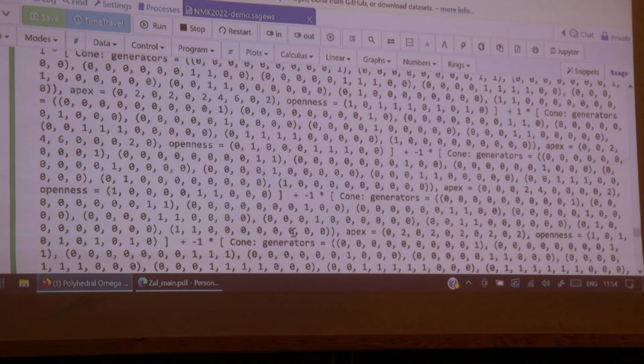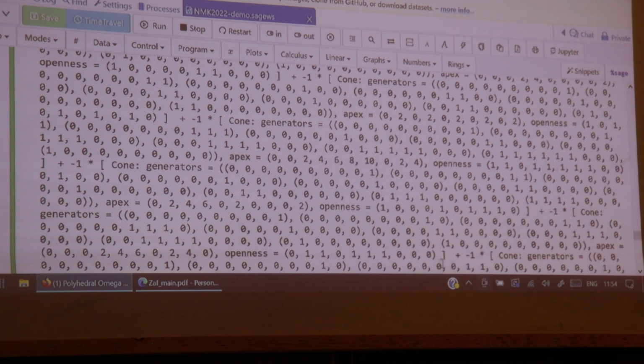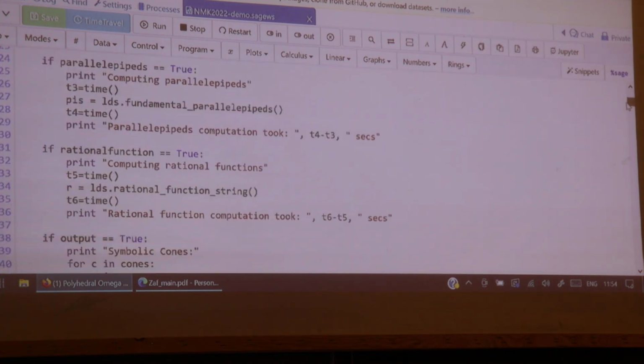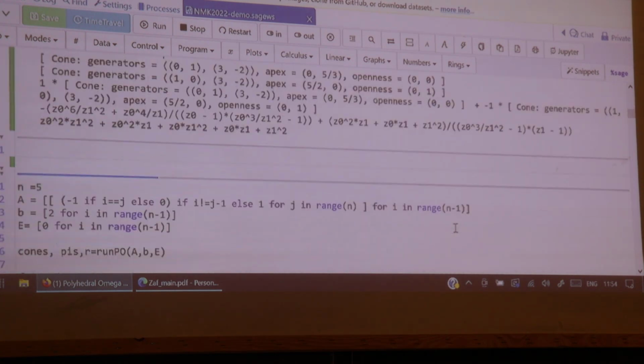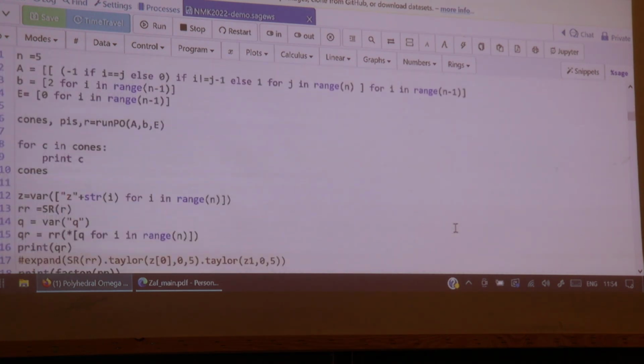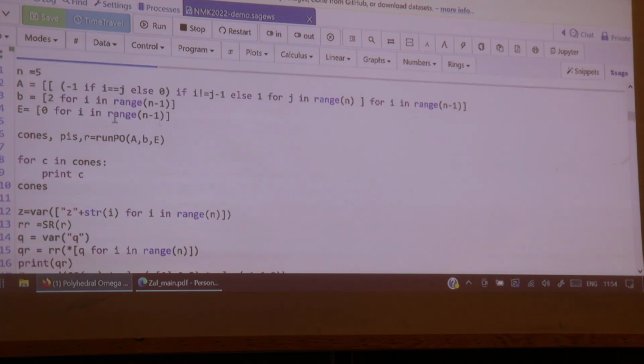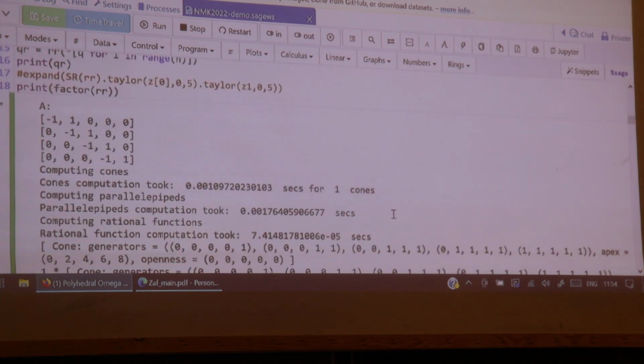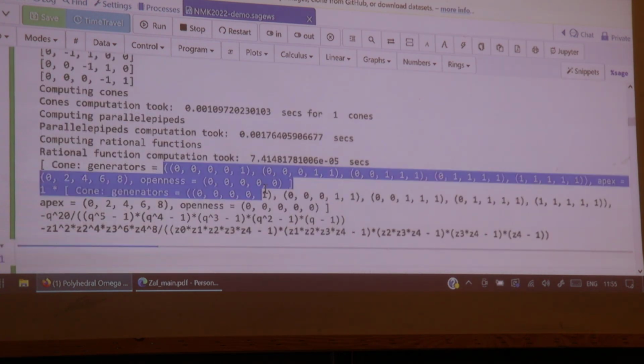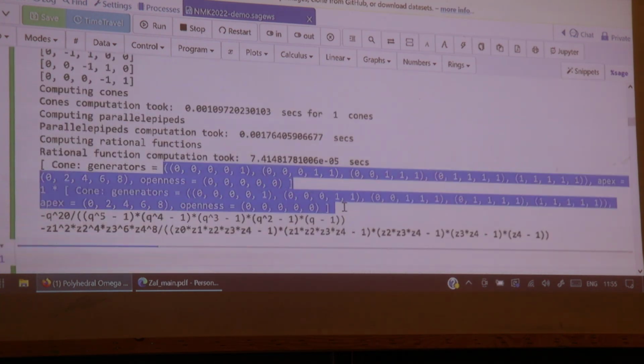Well, not if you look at these thousands of cones, but for example, in the first example, that was the difference 2. We actually get only 2 cones, right? And they even have the same generators. No, sorry, they cannot have the same generators because they have the same apex, okay?